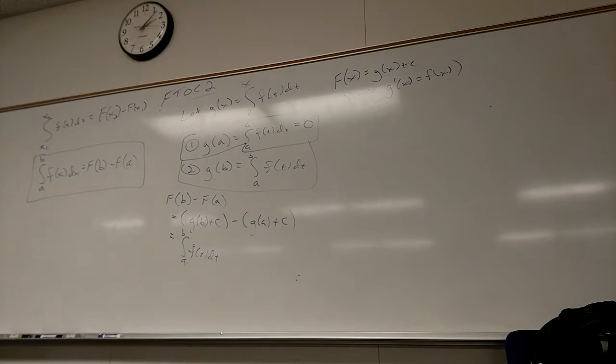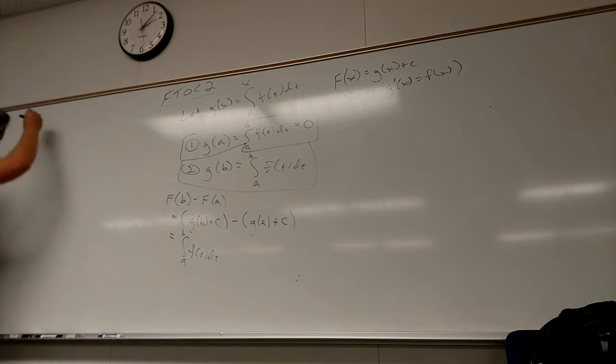So now that we've got the formalities down, let me show you sort of a hand-waving thing. So we know that this basically means the area up until b, right? This means the area up until b from something.